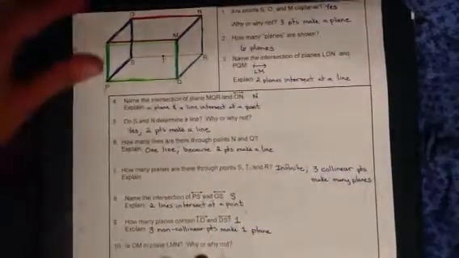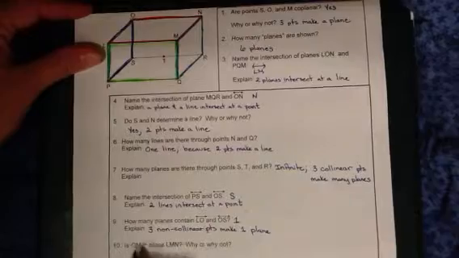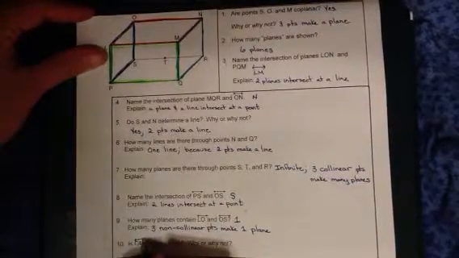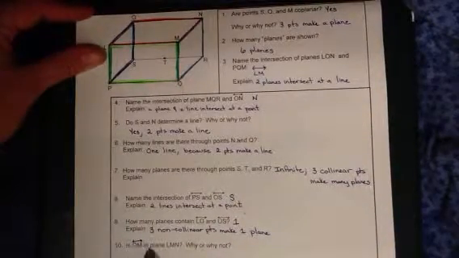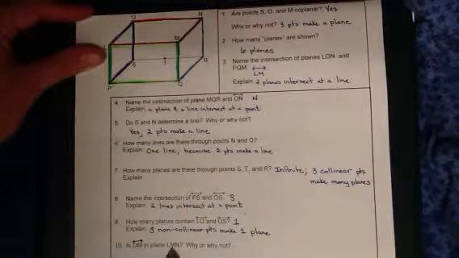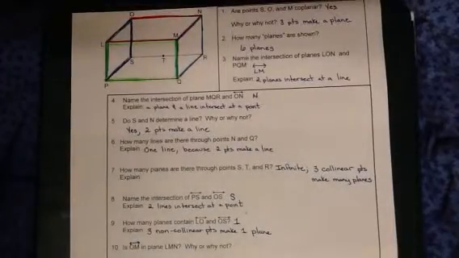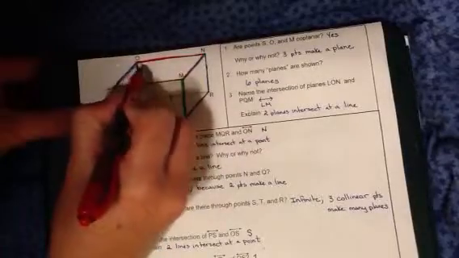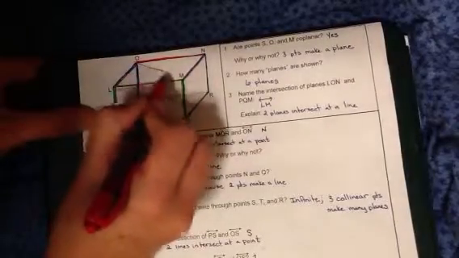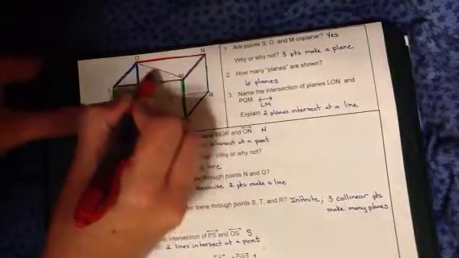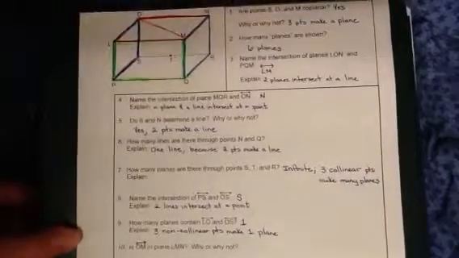Alright, last one is line OM in plane LMN. Why or why not? So OM, let's go ahead and make that in red. So here it is, O to M. Here's this invisible line that would come across here like this. Is that inside of plane LMN?